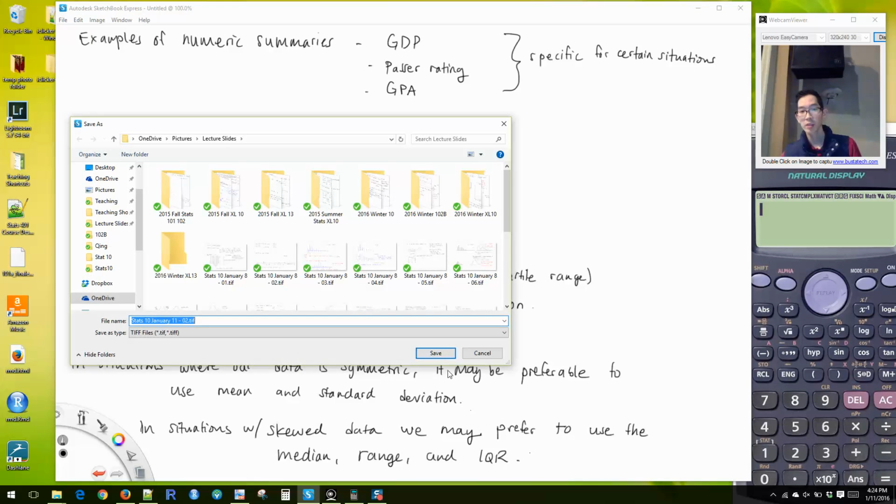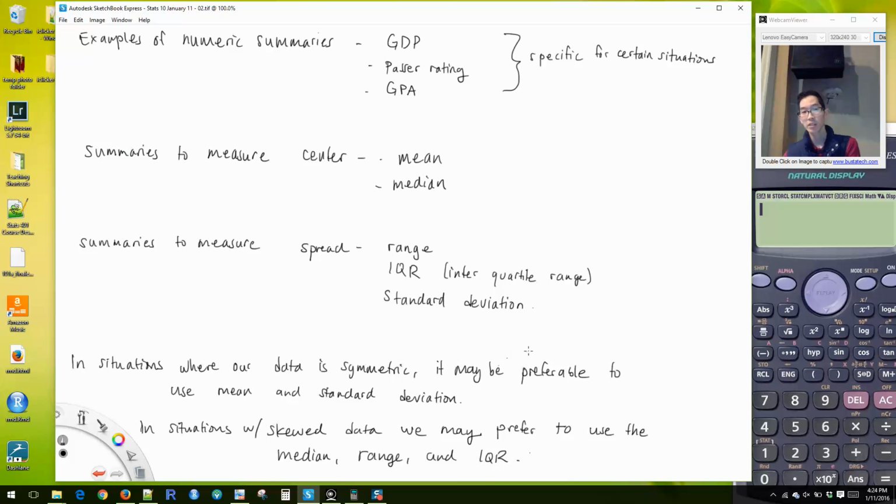But these are just preferences. The truth is these can be calculated for any numeric data, any shape.